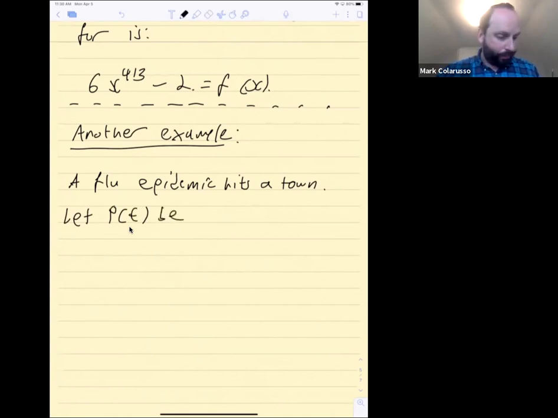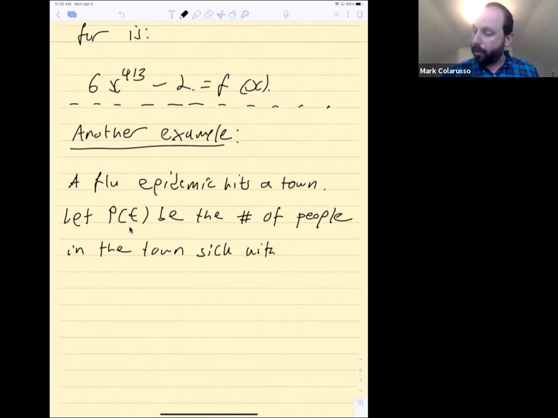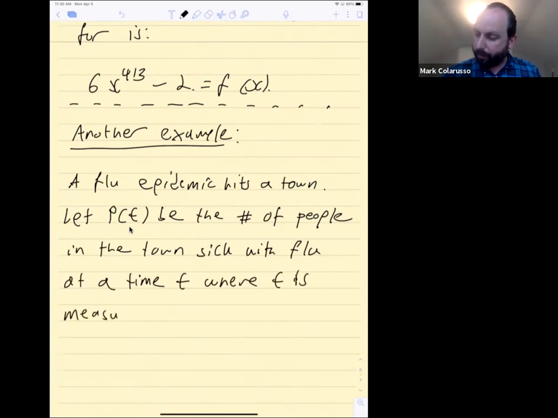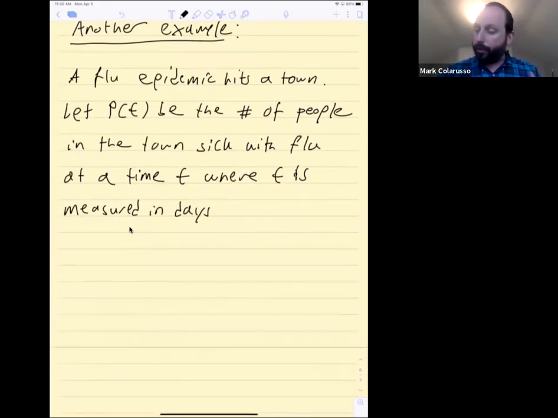Let P of t be the number of people in the town sick with the flu at a time t, where t is measured in days from the start of the epidemic.